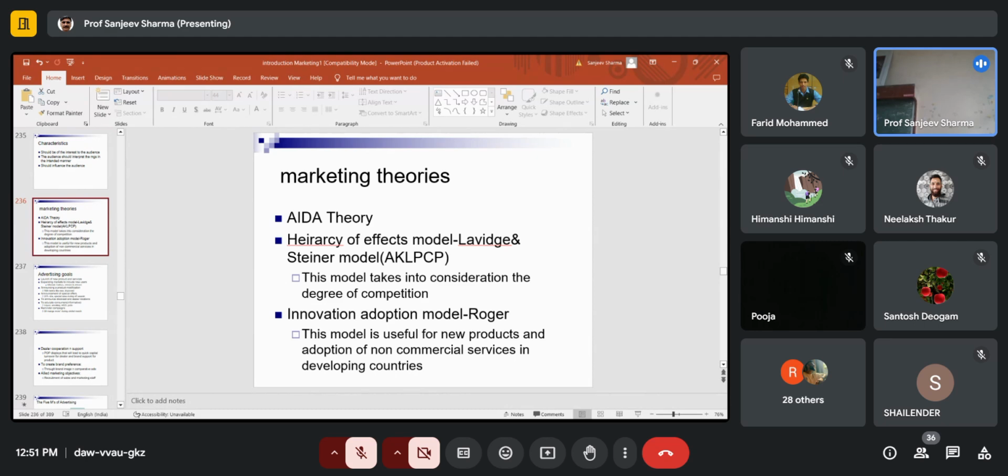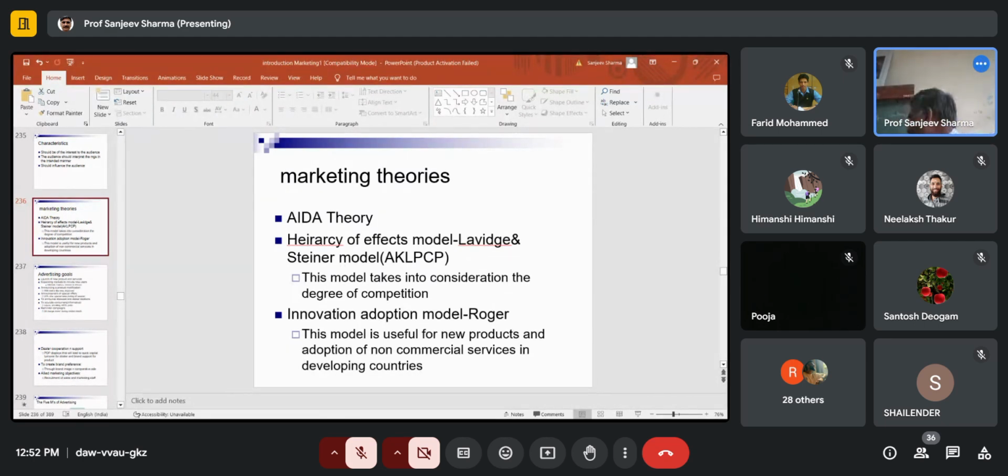Trying to create in between another hierarchy of effect.